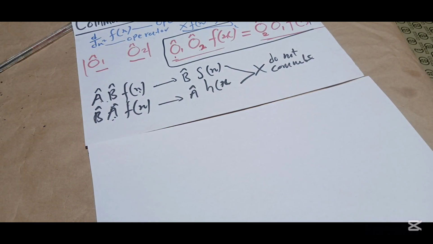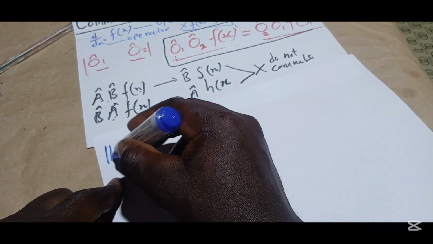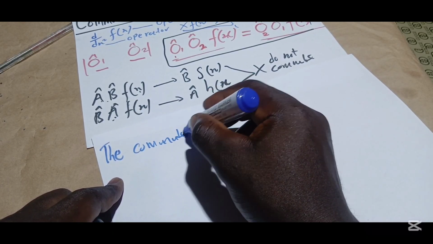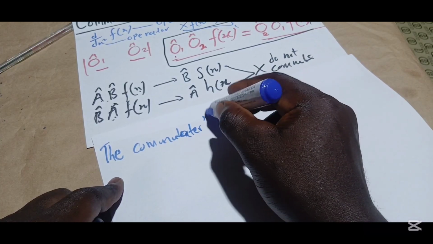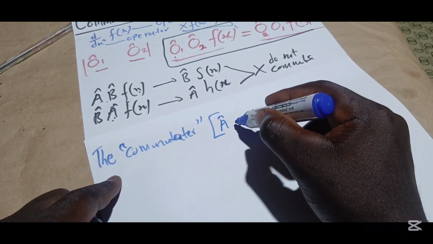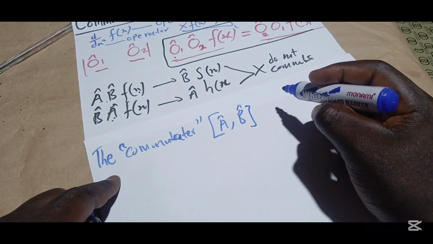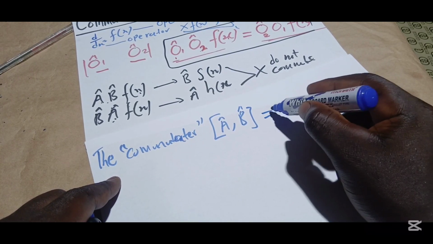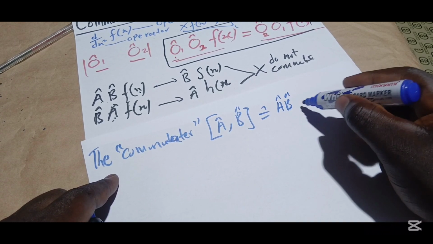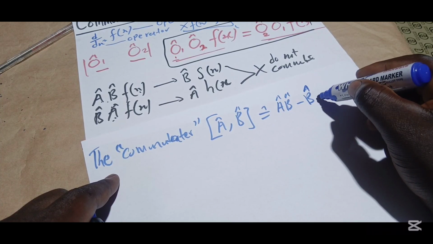So generally, this is the definition: the commutator between operator A and operator B is defined as AB minus BA.